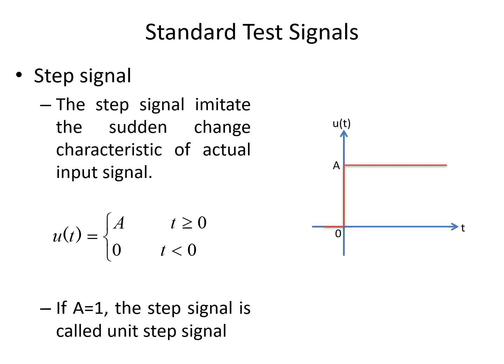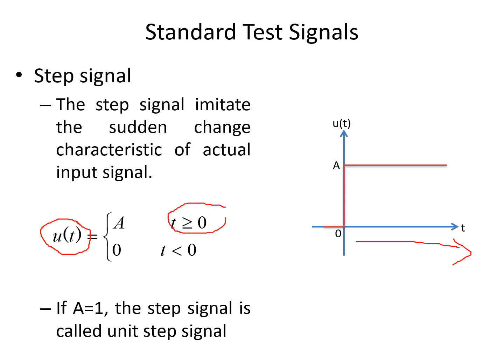Now coming to the step signal. A step signal is usually represented as u of t. This is a standard signal which will have a constant amplitude towards your right on the time axis, that is, the positive time axis. So it takes a value equal to a for t greater than or equal to 0.